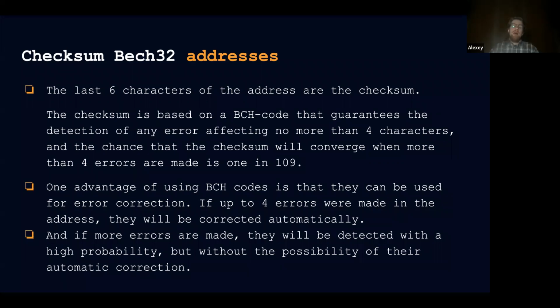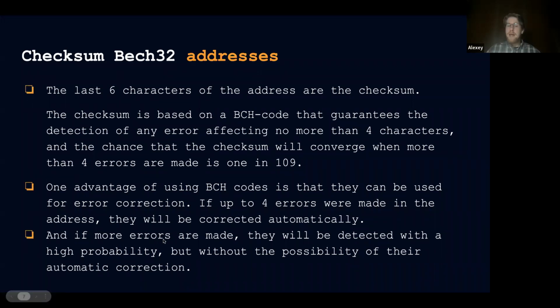So when we have no more than 4 errors, they will be corrected automatically, which is nice because you would never even know that this address was corrupted, either when you were writing it down or when you were passing it through the internet, or when you were saying it to someone on the mobile phone. Even if you make a mistake, it will be corrected, but of course up to 4 errors.